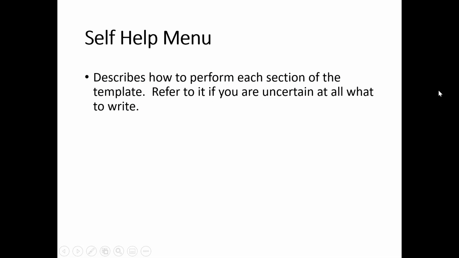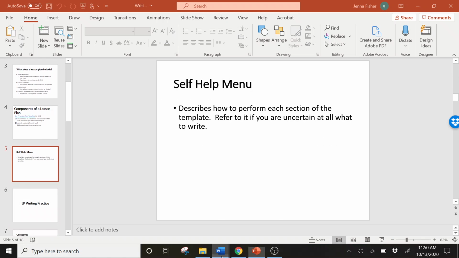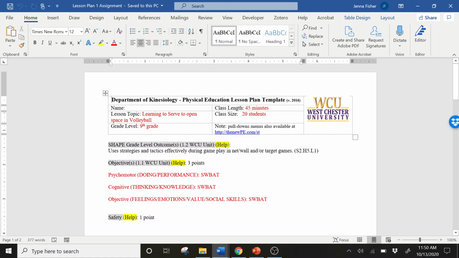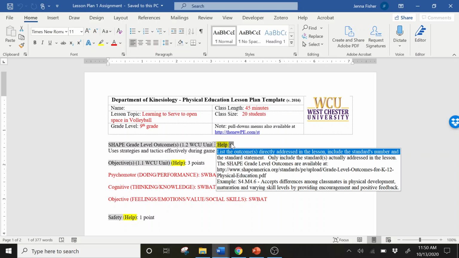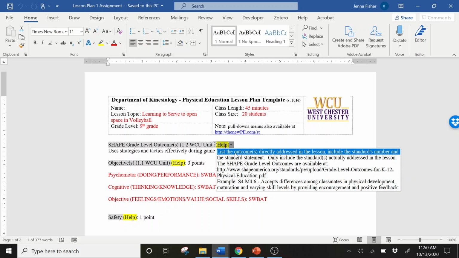There's a self-help menu, so you'll see highlighted in the template, there's this little yellow, I'm going to show you because I don't want you to be confused. This is the self-help. You can see I'm just putting my cursor over it and I can click on that help, which brings a drop-down box, and that drop-down box explains exactly what I'm looking for here.